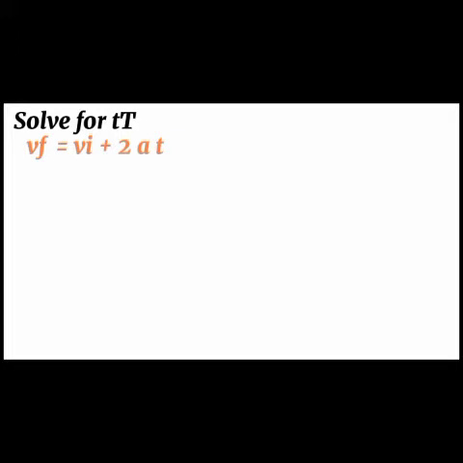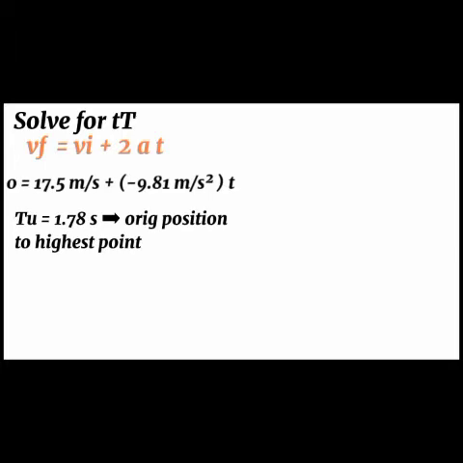So, yung final velocity nga natin dito is 0 equals to yung initial velocity natin na 17.5 meter per second plus negative 9.81 kasi upward siya times t. So, yung time upward natin is 1.78 seconds. Itong time upward natin, ito yung original position to highest position.